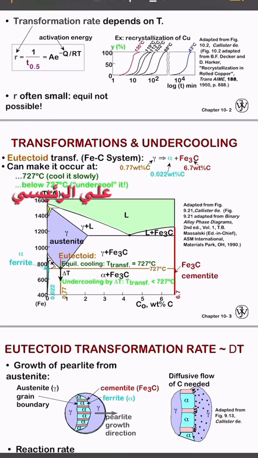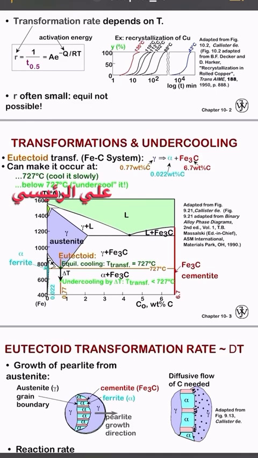Ferrite, as I said, contains 0.022 weight percent of carbon, and cementite 6.7 weight percent of carbon. The austenite has 0.77 weight percent of carbon.